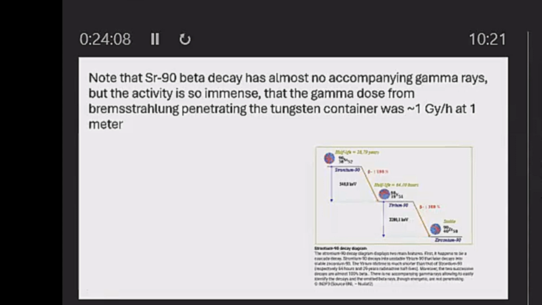It's beta, so there's going to be so much bremsstrahlung, and bremsstrahlung is photons, and photons can penetrate the tungsten shielding that it had. So even though it's basically 100% beta with no gamma rays, it's still generating a dose of about 1 gray per hour at 1 year from the bremsstrahlung. So anyways, these things are really bad.